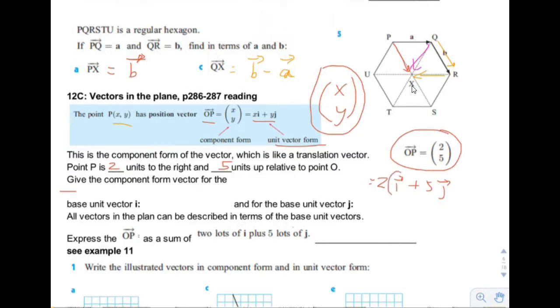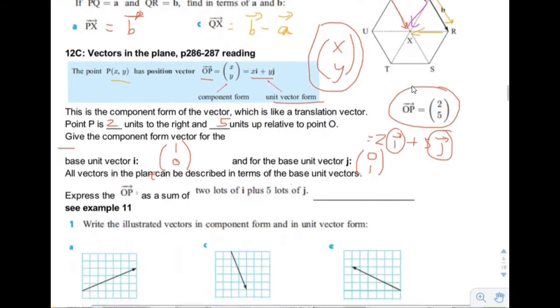So the i and j vectors are the ones right here. We multiply 2 times the i vector, and the i vector is basically a unit vector, a vector with length 1 in the x direction. And the j vector is a vector with a length of 1 in the y direction. All vectors in the plane can be described in terms of the base unit vectors.